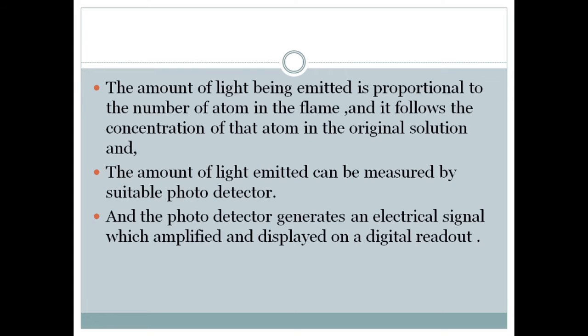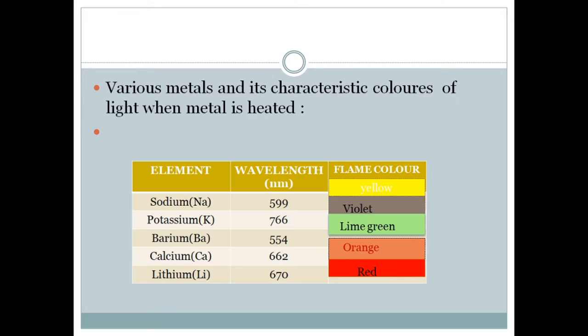The amount of light emitted can be measured by a suitable photodetector. The photodetector generates an electrical signal which is amplified and displayed on a digital readout device.